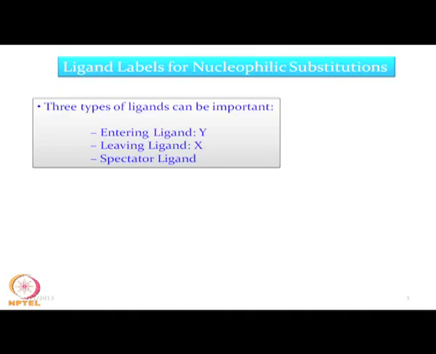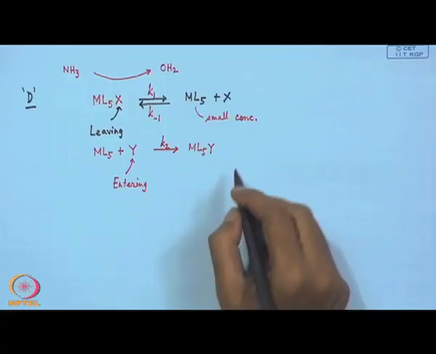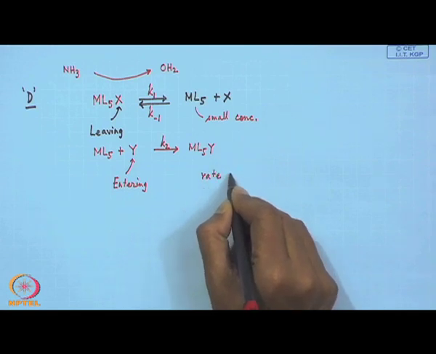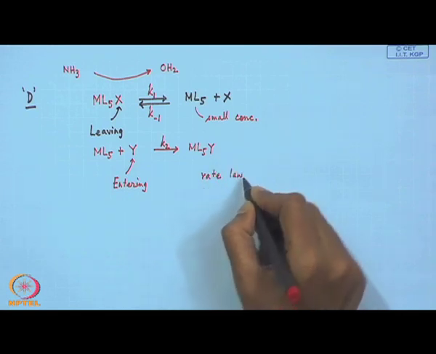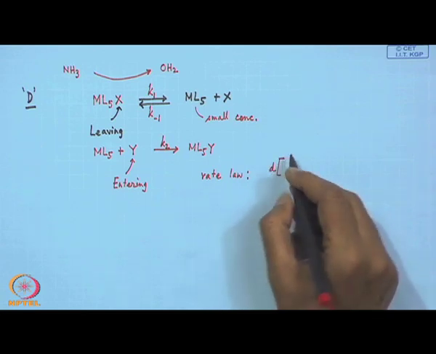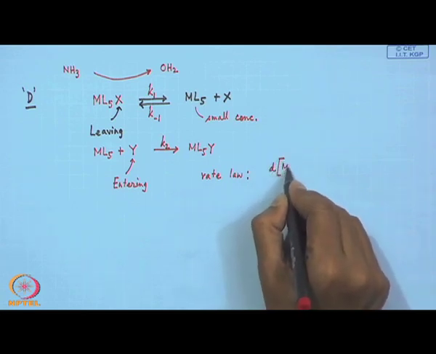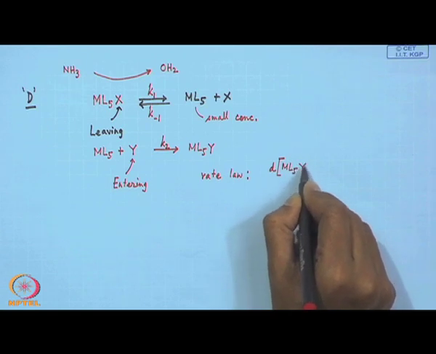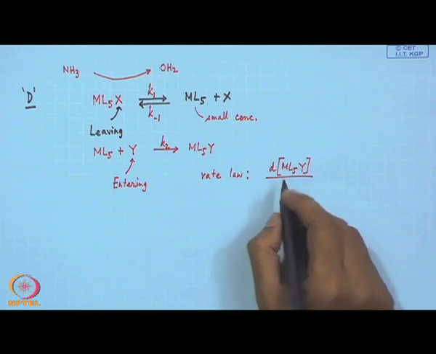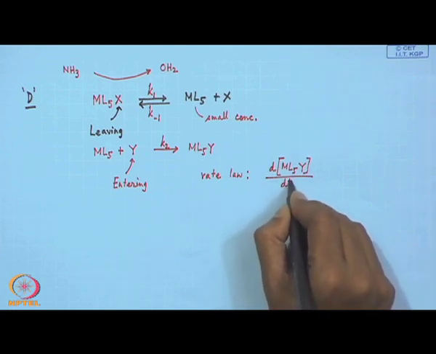So, this ultimately gives rise to the corresponding manipulations, giving us the corresponding rate law as d/dt of ML5Y. That means, the formation of the product ML5Y with time.